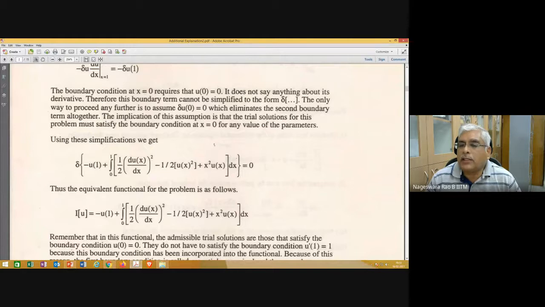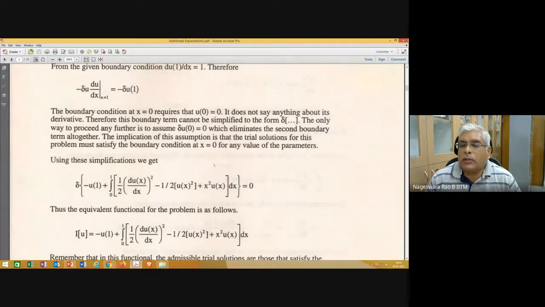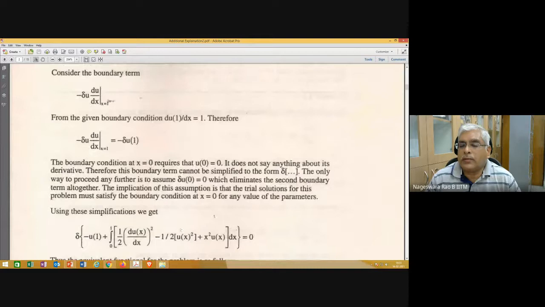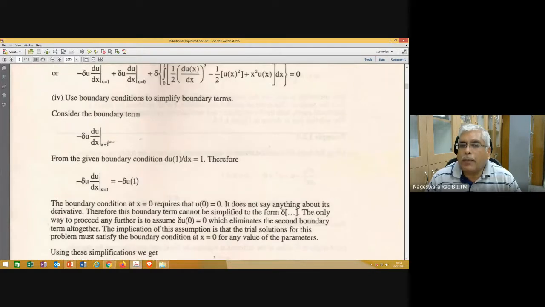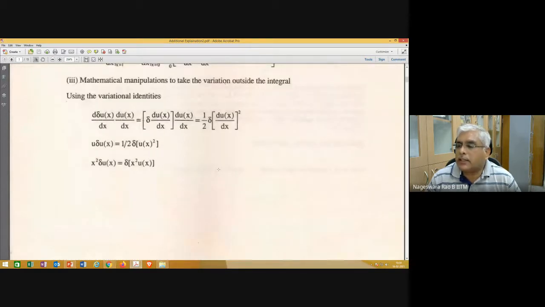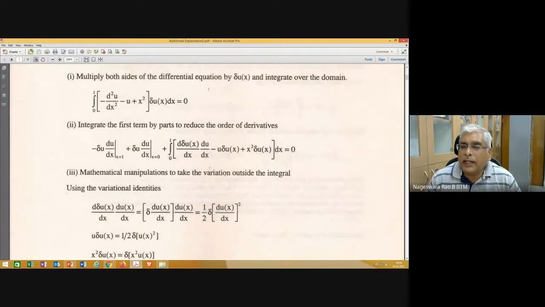Once I get this, you expand it. You open the bracket and then apply the variation operator on each of these terms. And then apply the variational identities, and then bring it into this form.